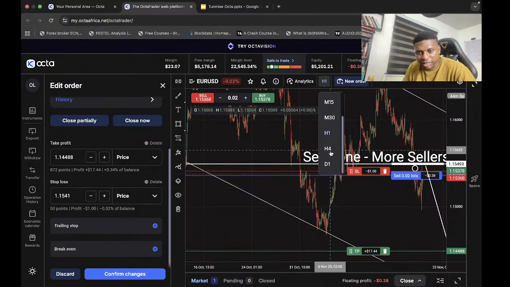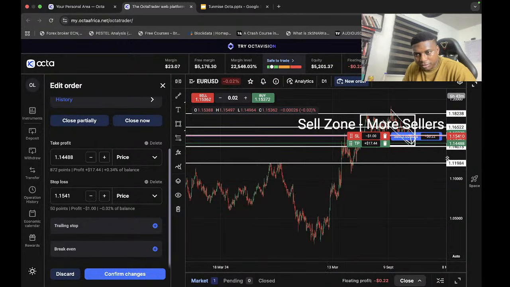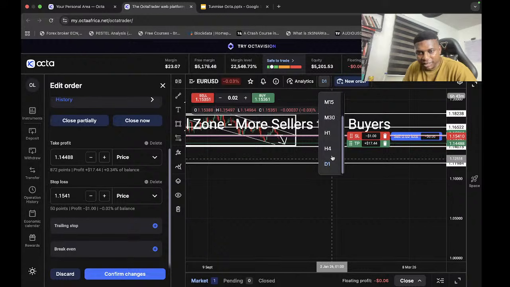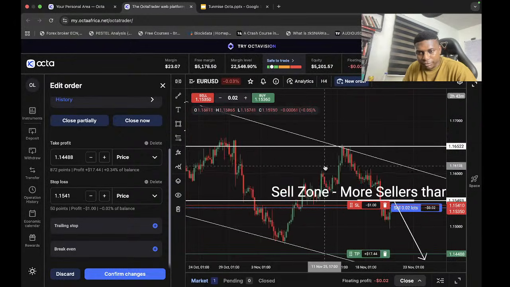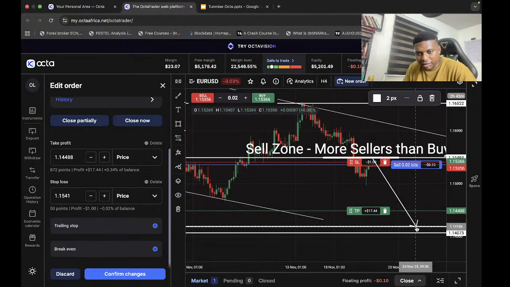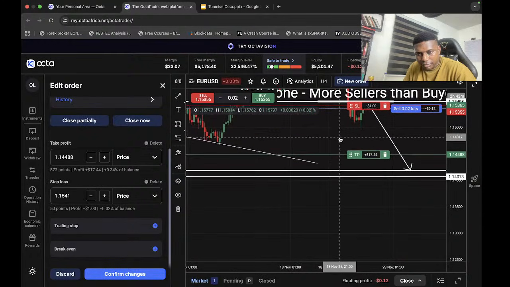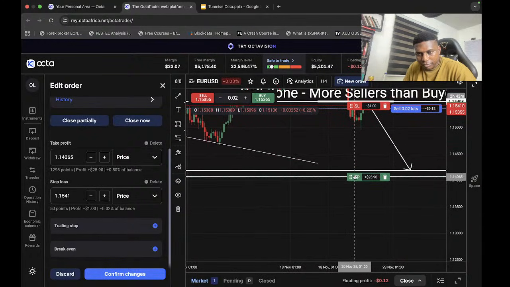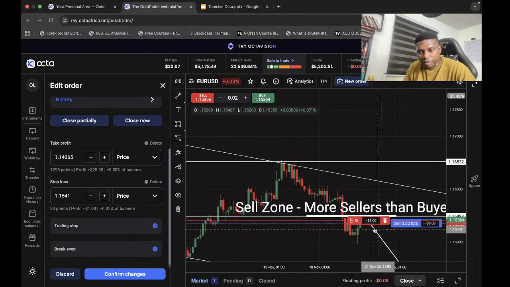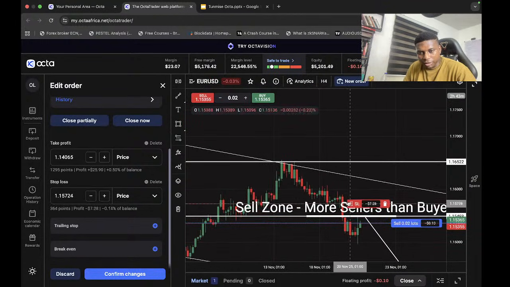Let me go to the daily time frame. Okay, let me go to the 4 hours time frame. Yeah, I want it to the next. I want it here. Okay. And then my stop loss would be just here.